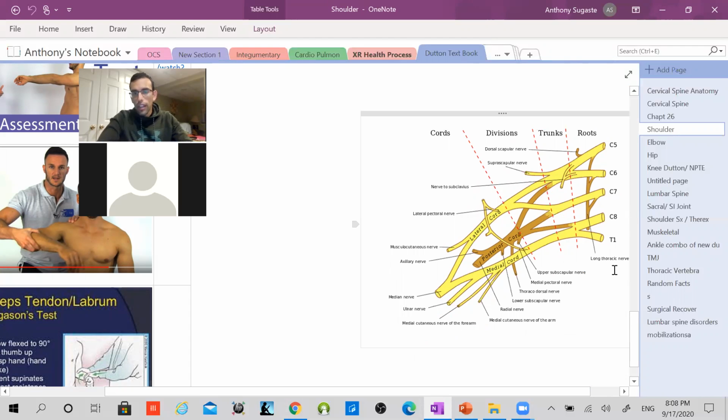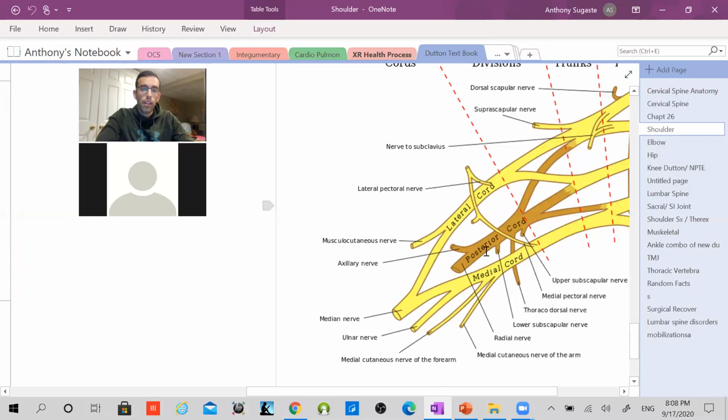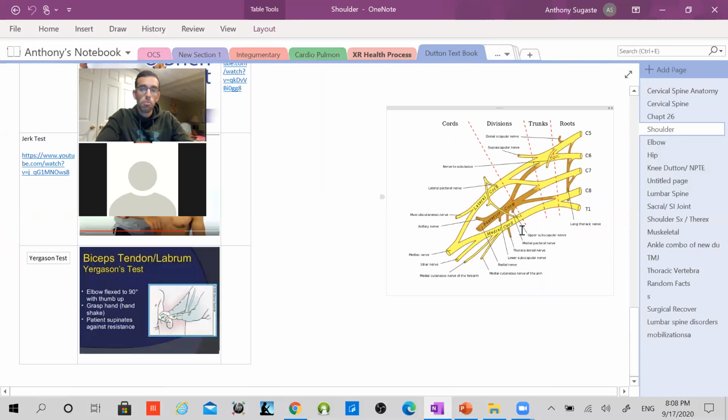And then the last one, which should be your axillary nerve right here. So now this complex in general is called the brachial plexus.